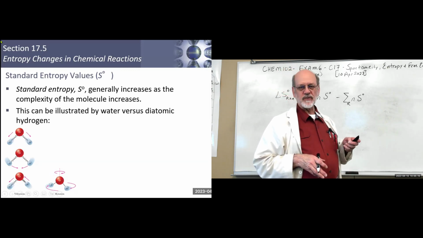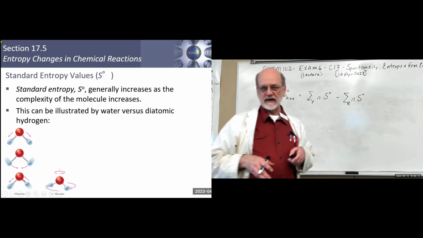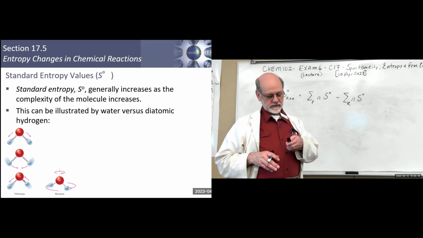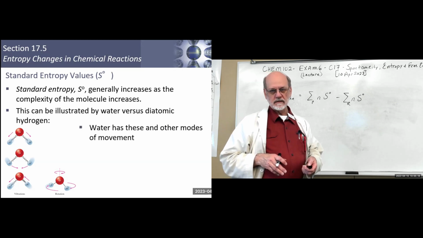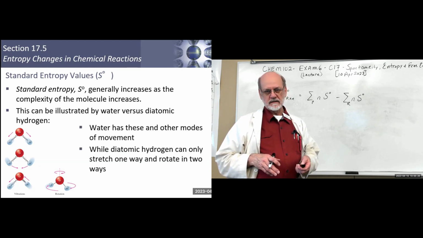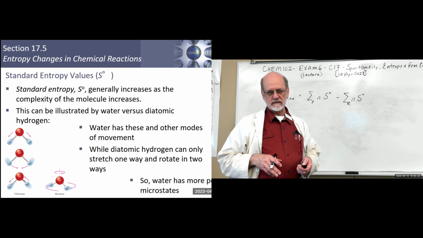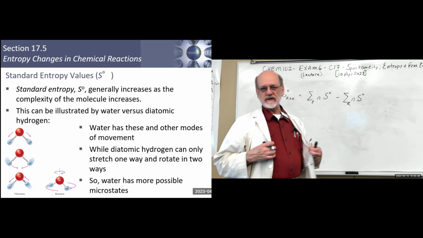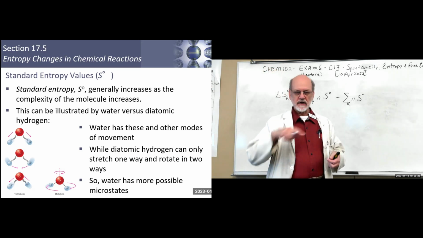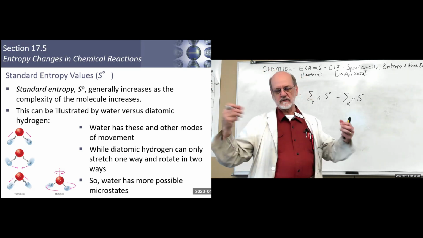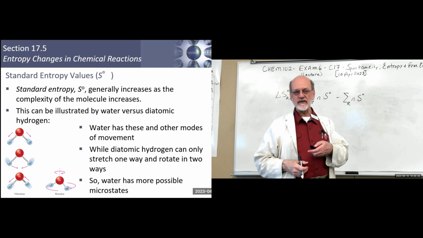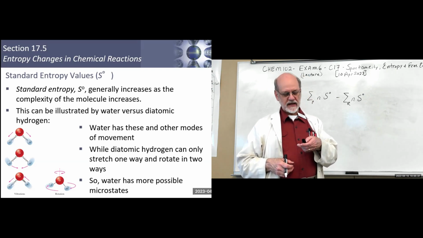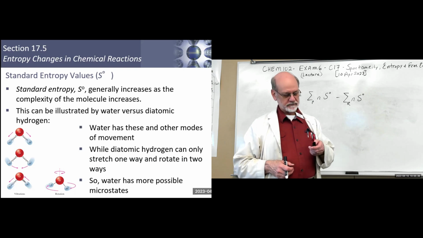So you've got all these different possibilities for entropy for single molecules versus hydrogen. We don't give a picture, but hydrogen can only spin or it can stretch. That's it. So it doesn't have as many possible entropy states as a more complex molecule does.